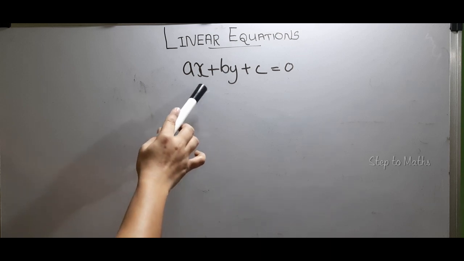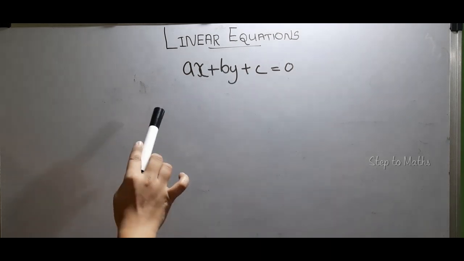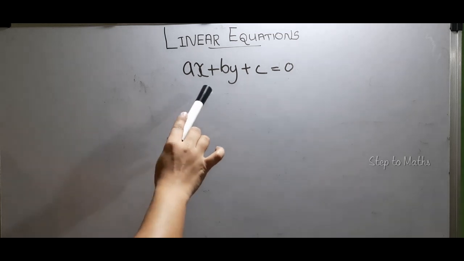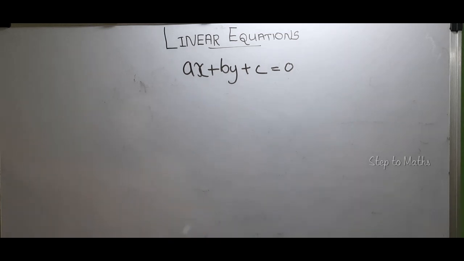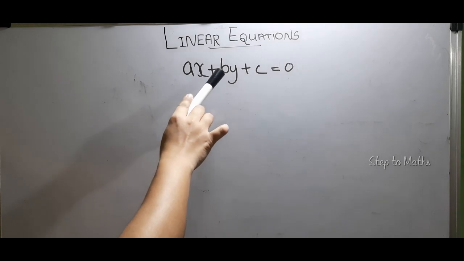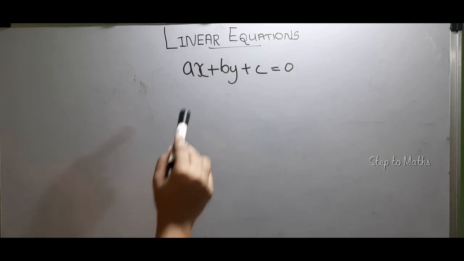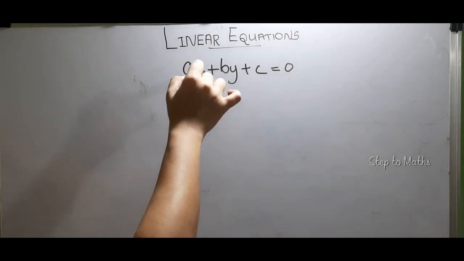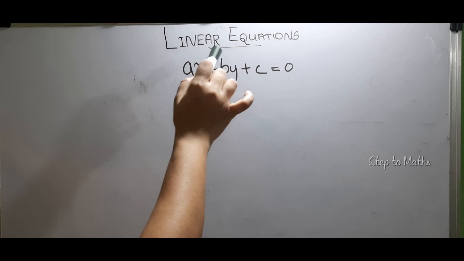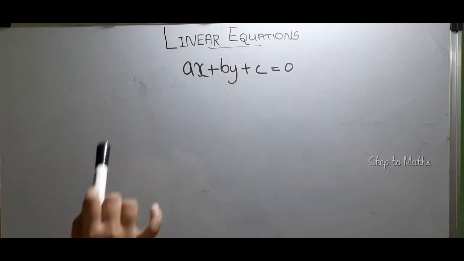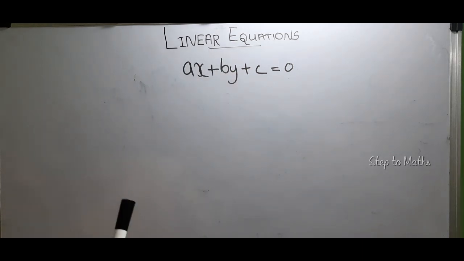Here x and y are the variables. a, b and c are real numbers. a is the coefficient of x and b is the coefficient of y, and the degree of the variables x and y is also 1. This is the general form of a linear equation.